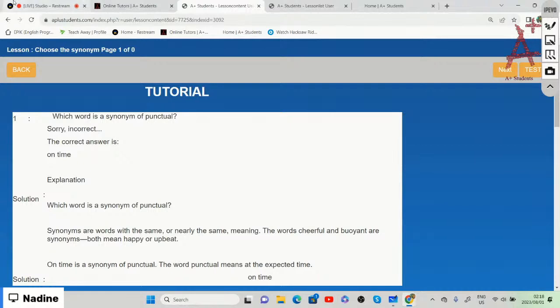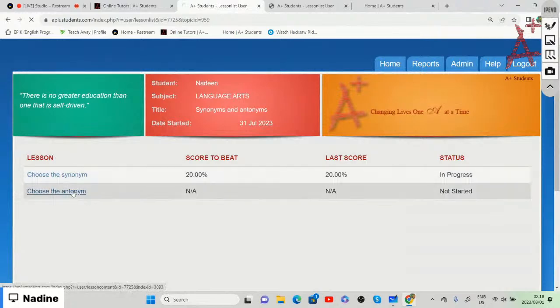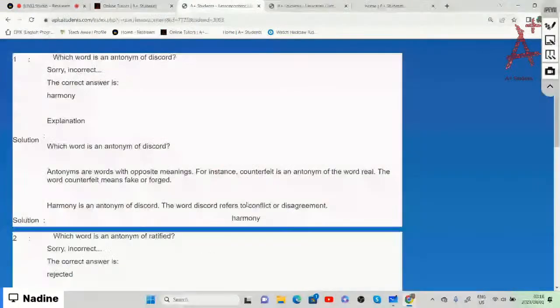But now we're going on to antonyms. Choose an antonym. All right, so antonyms are words with opposite meaning.